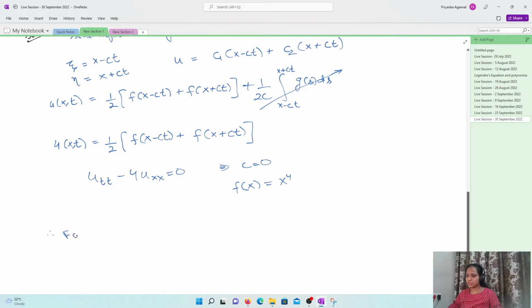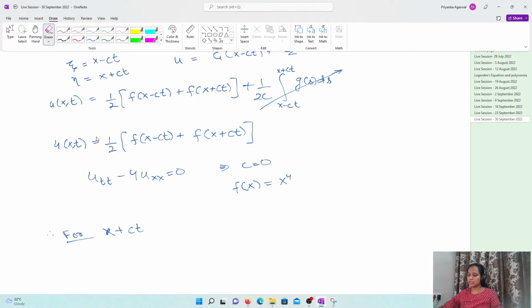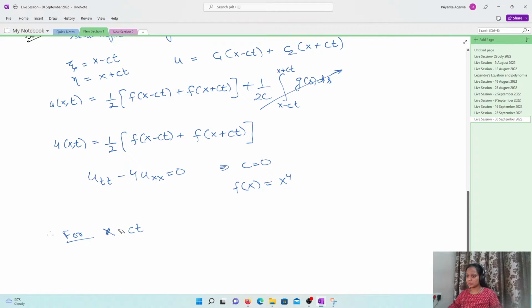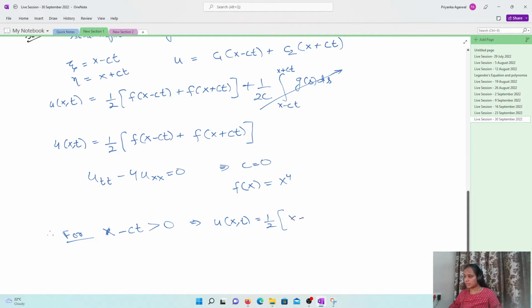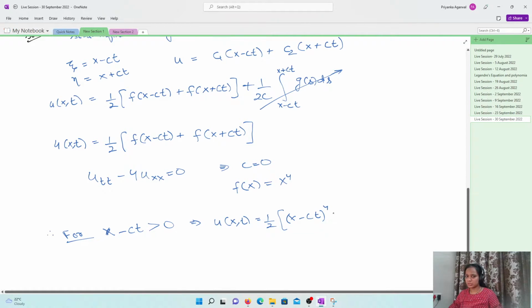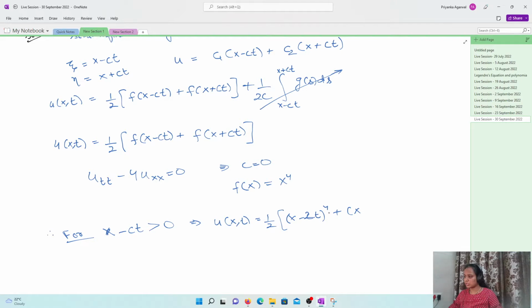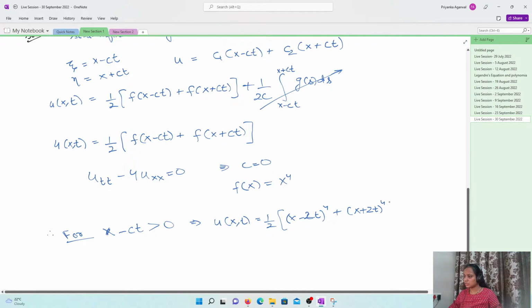Therefore, for x minus ct greater than 0, the solution will be u(x, t) equals 1/2 [(x minus ct) to the power 4 plus (x plus ct) to the power 4], so with c equal to 2, (x minus 2t) to the power 4 plus (x plus 2t) to the power 4.